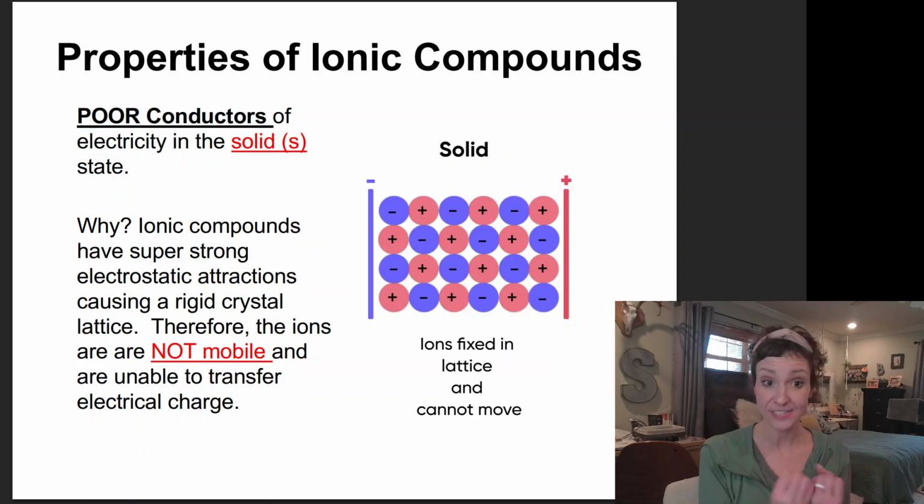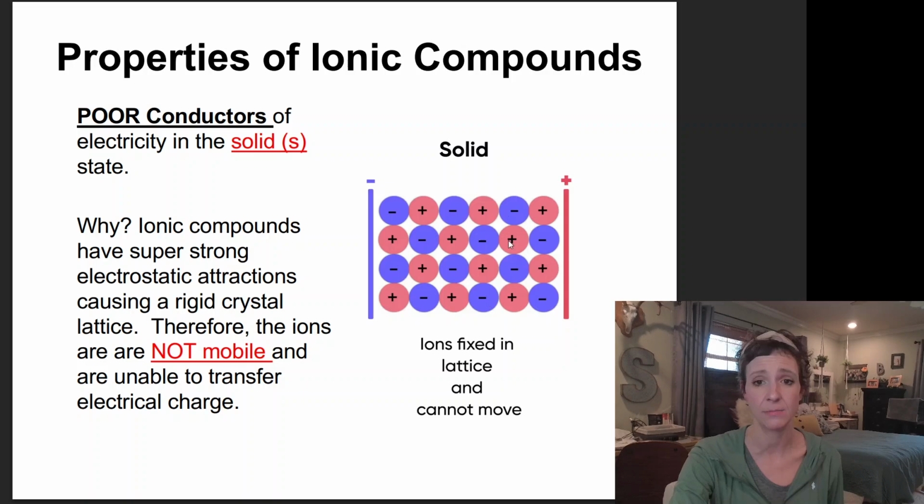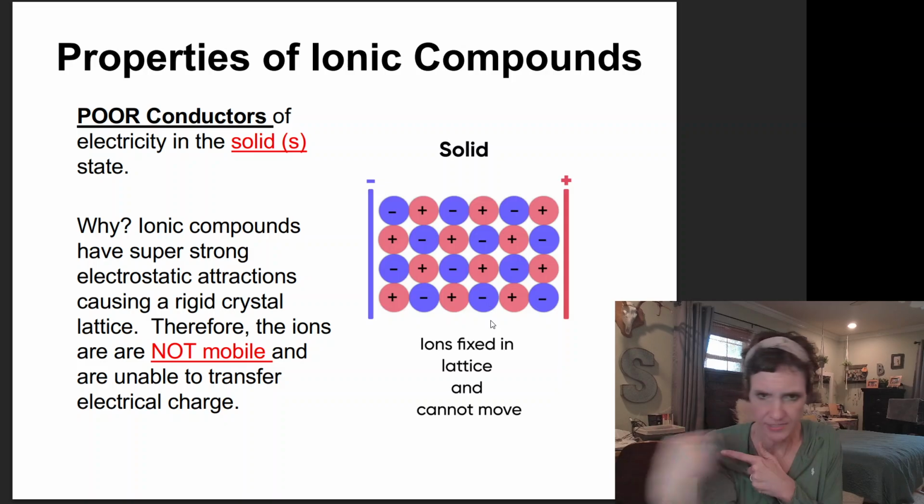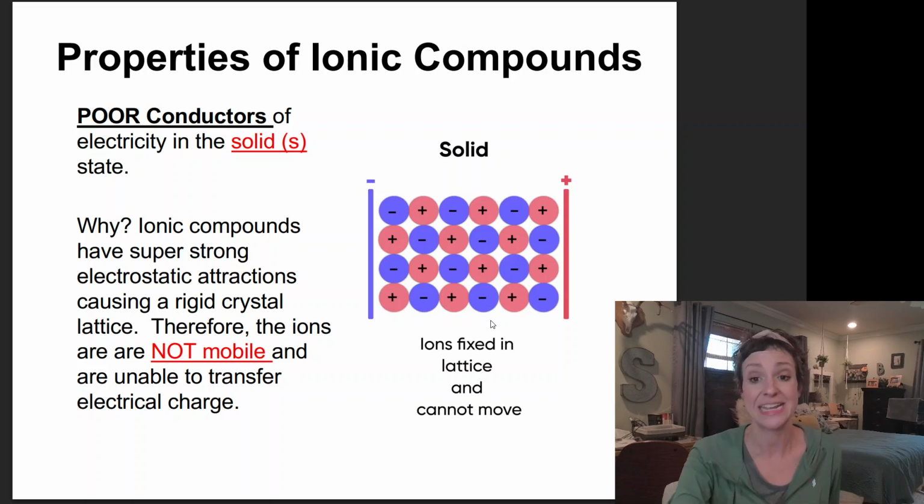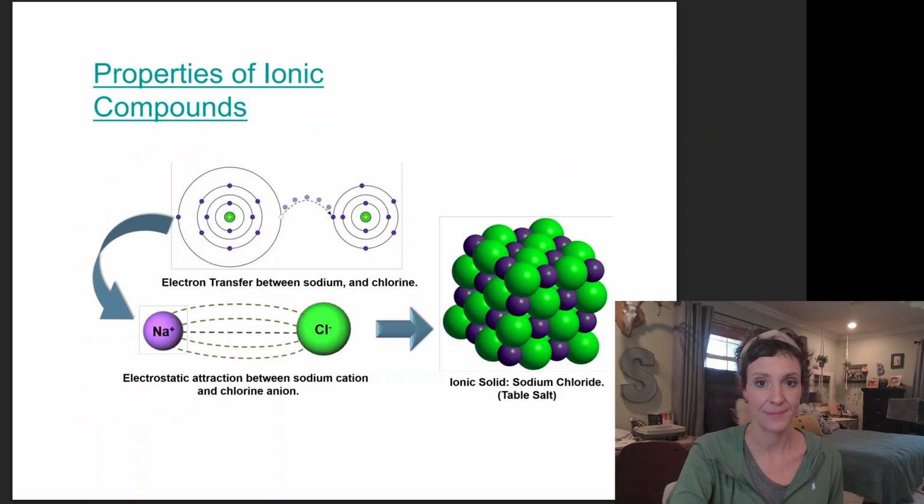Ionic compounds, y'all, they got that super strong electrostatic attraction, which causes that rigid crystal lattice. Therefore, your ions, they're not going to be mobile, and will be unable to transfer that electrical charge. So here's a solid. We know that solids, they stuck together, just vibrating, not moving. Well, they can't move to the ends of the poles that they're trying to get to. Electricity cannot be transferred. Okay.